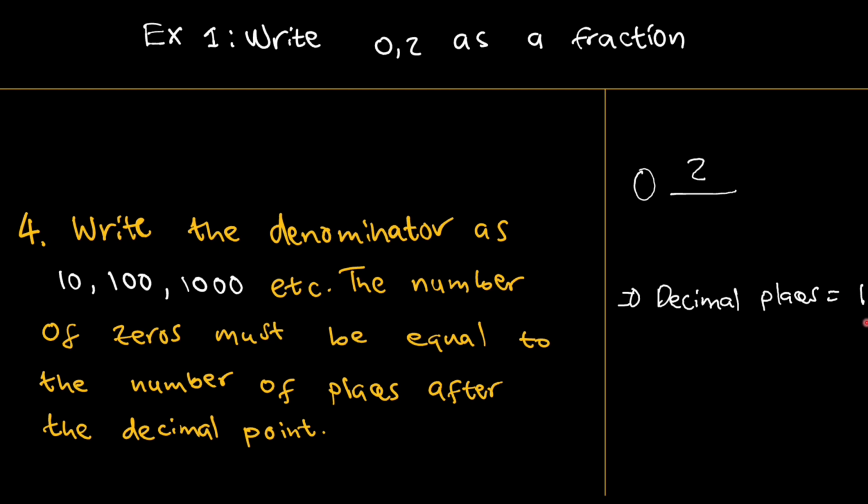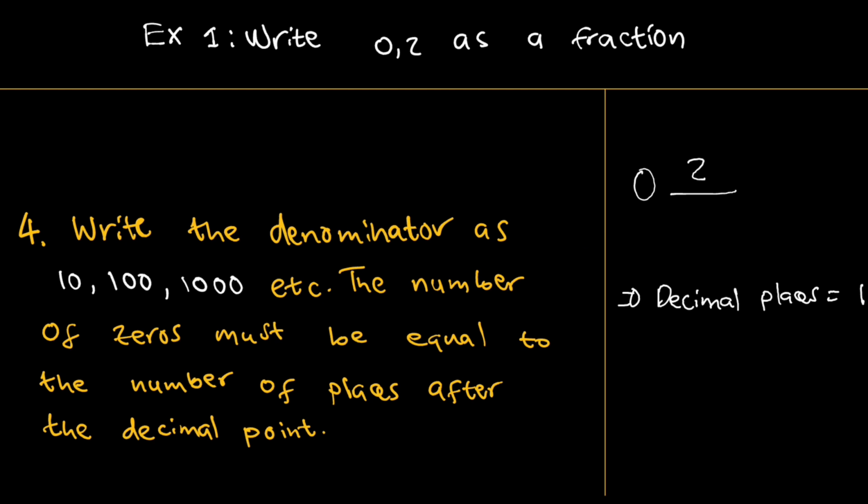Now we want to know what our denominator will be. Our denominator can only be in this format. So what is common? 1 is common in each format. So it can either be a 10, 100, 1,000, etc.